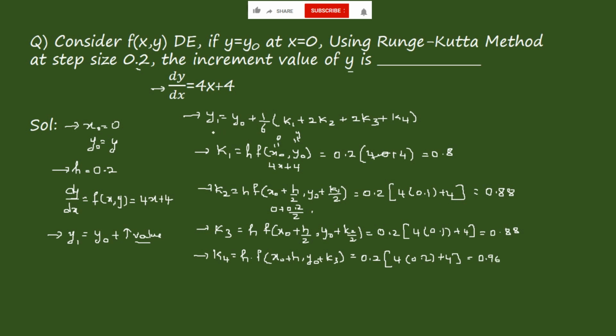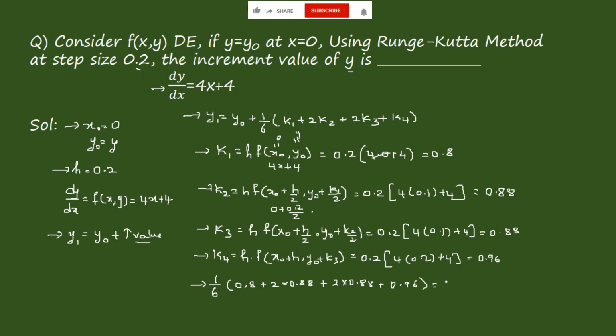We get this particular value as 0.96. Now we have to find the average of it, by 1 by 6. So we get 1 by 6 into (k1 as 0.8 plus 2 times 0.88 plus 2 times again 0.88 plus 0.96).